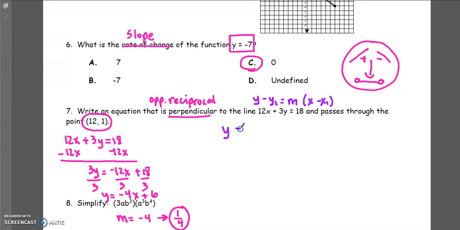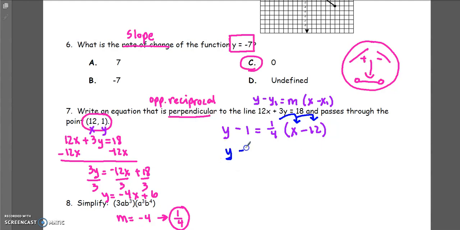So I'm going to have y minus, and then my y value is right here at 1, equals my new slope, which is 1/4, times x minus my x value, which is 12 from the point. And then all I have to do is clean it up, right? So I'm going to distribute the 1/4.